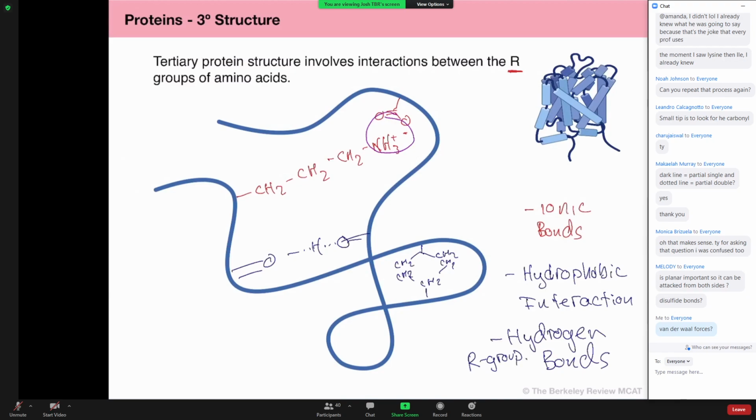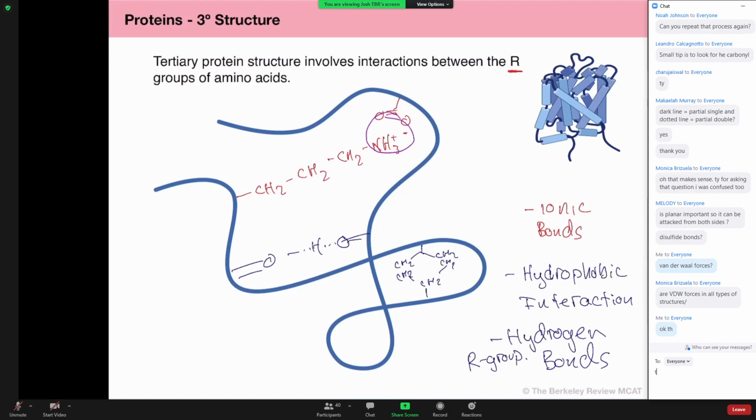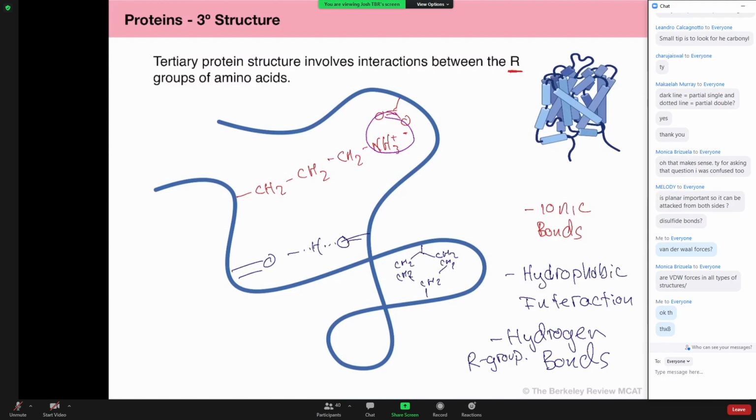Okay. Van der Waals forces too. Those would be much less prevalent. Yeah, they would be everywhere, right? That's just kind of the catch-all for things that don't fit the ionic bond, hydrophobic interactions. Oh, well, there's one more actually that's super important here.